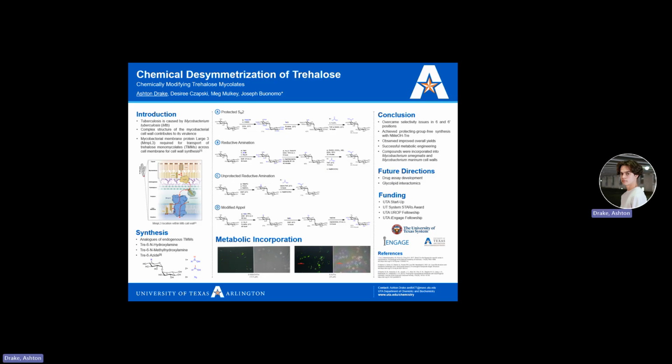Now D is our modified Appel reaction using NBS instead of CBr4. Here again, we selectively modify the 6' position by limiting both reagent and runtime. This route represents mastering of selectively modifying the trehalose 6' position with an 81% overall yield.